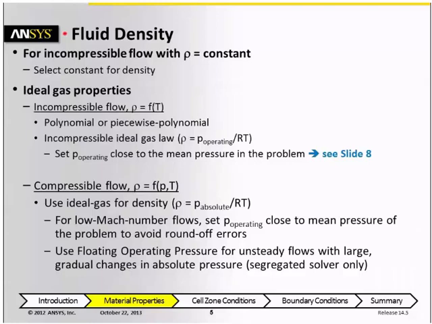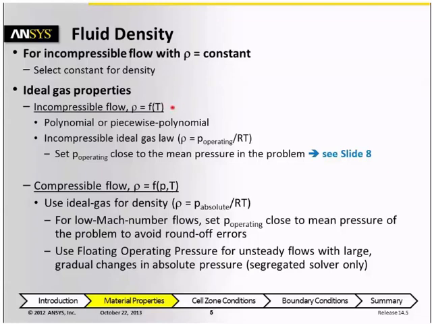On this slide we have the most commonly used methods for specifying the fluid density. Other methods are available. These are just the most commonly used ones. For an incompressible flow where the density is constant or nearly constant, then you simply enter a constant value in the materials panel.